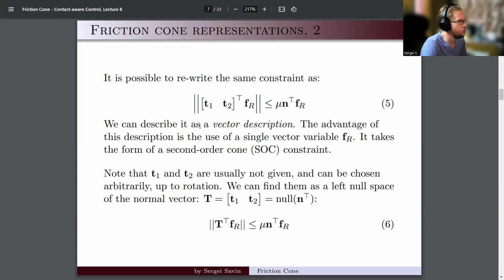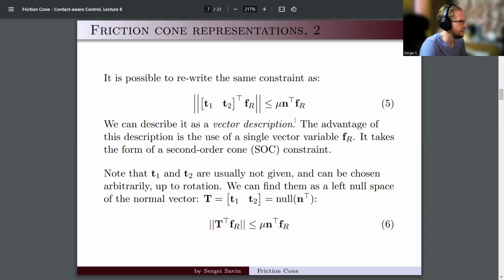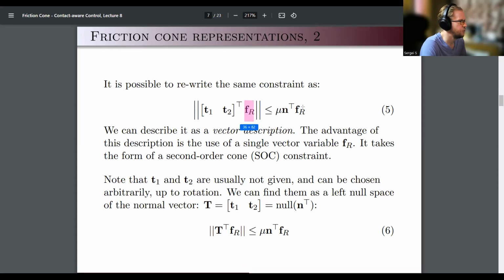Now we can call it a vector description. The advantage of this description as opposed to the previous one is that it uses a single variable, Fr. We don't have F tau 1, F tau 2, Fn, which you have to understand what they mean. Here, there is a vector in R3. There is no hidden basis in which those components are expressed.